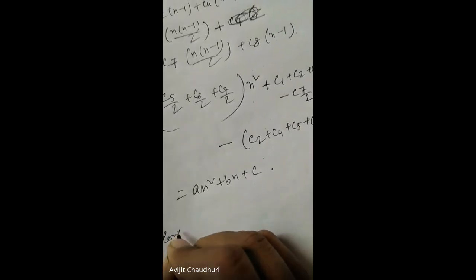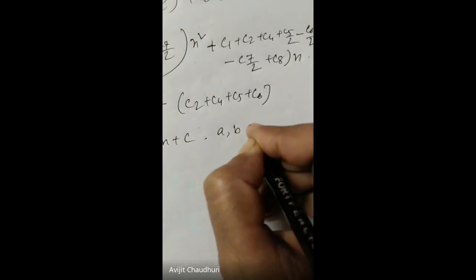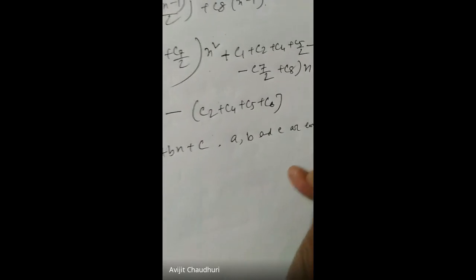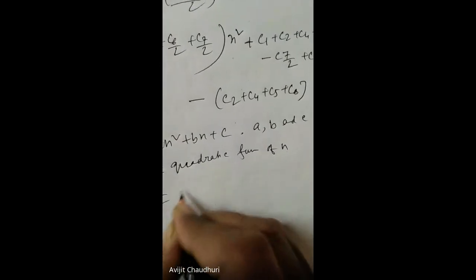So here the complexity will be a quadratic equation, where a, b and c are constants. This is a quadratic function of n, which is equal to big O of n square.